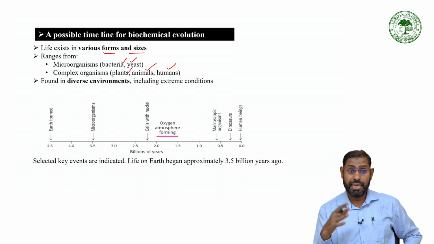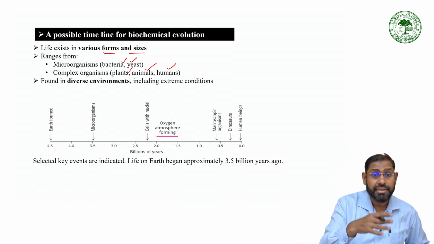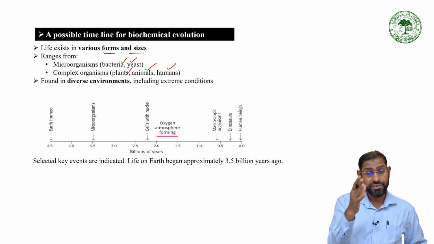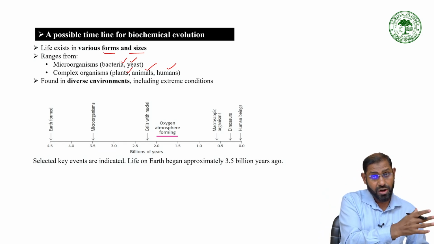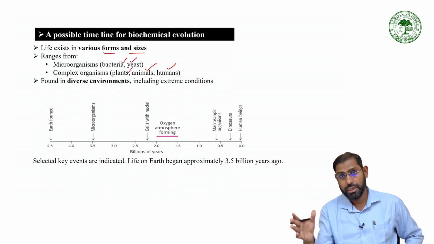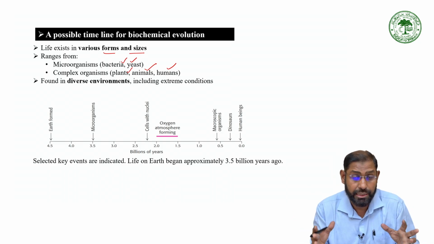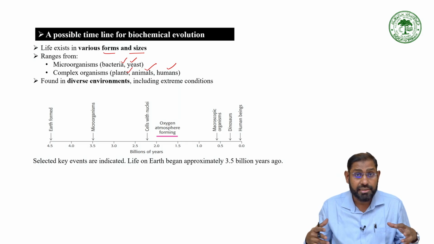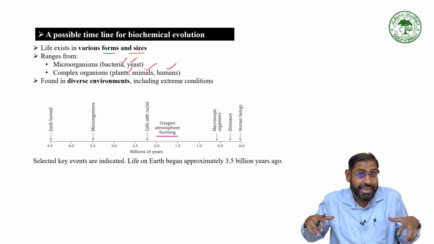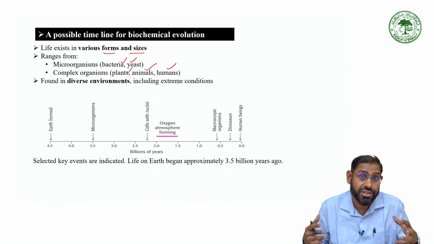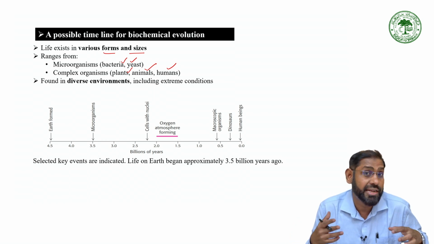They survive in very diverse environments, including very hot temperatures and also very cold, low temperatures. Because of that they are surviving. They develop some characteristics at the molecular level that support their survival.